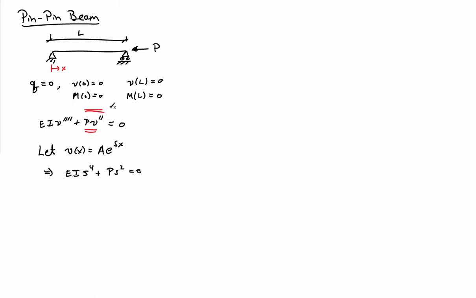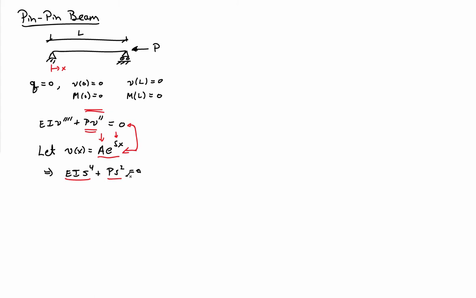So the classical method is to assume an exponential form. So v of x is some constant a times the exponential of an unknown parameter s times x. If I plug this form into the differential equation and then divide out the e to the sx, I'm left with EI s to the 4th power plus P s squared equals 0.